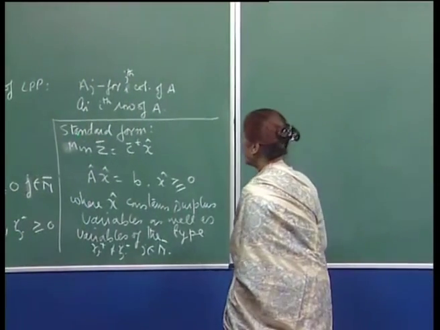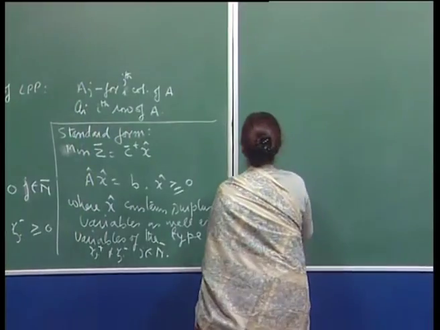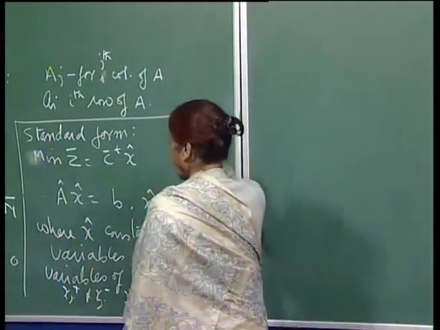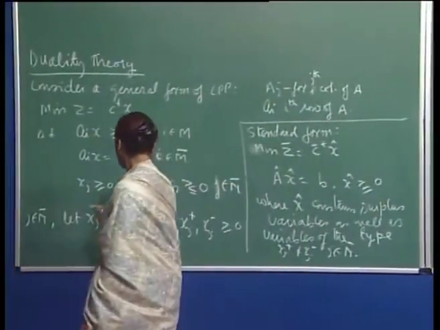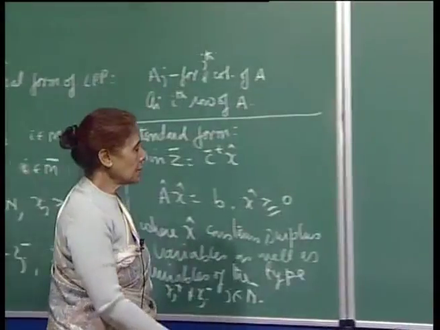new formulation, right. So, what would be the condition? Now, you can consider first a variable where j belongs to n.